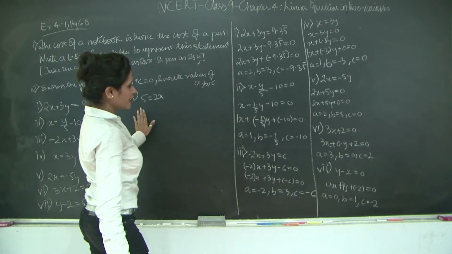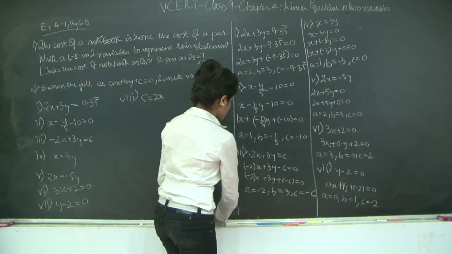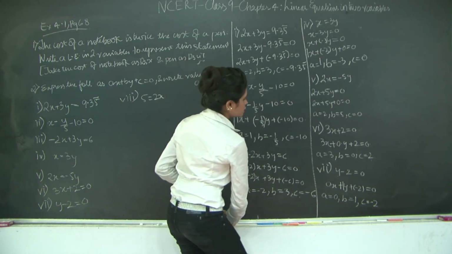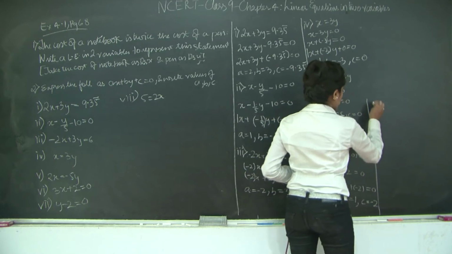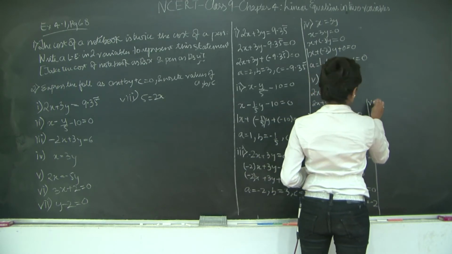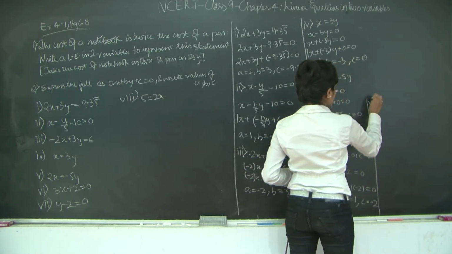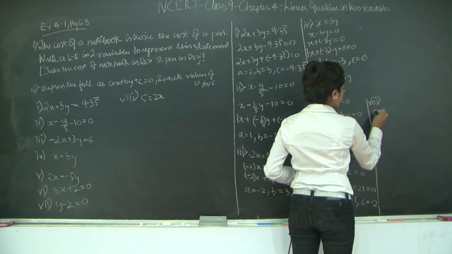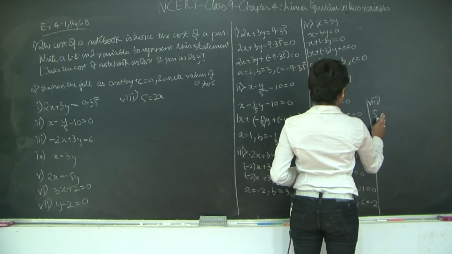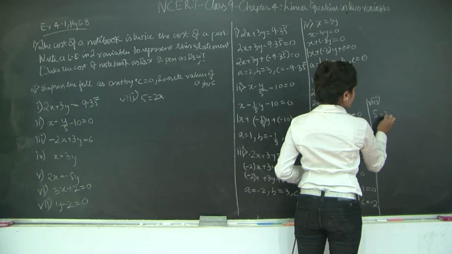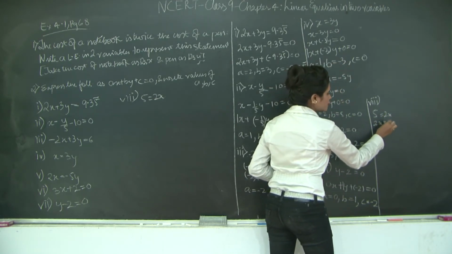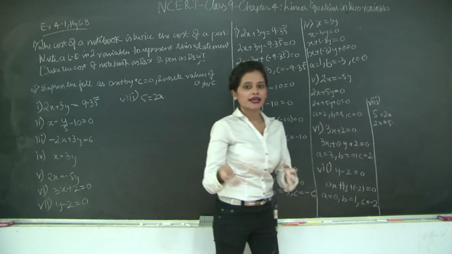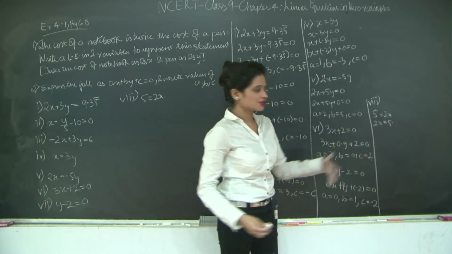Now the final one, 5x is equal to 2y. The eighth one, I have 5 is equal to 2x. So I will just swap the sides. I will write this as 2x is equal to 5, right? Because we are swapping the LHS with the RHS, the signs do not change.